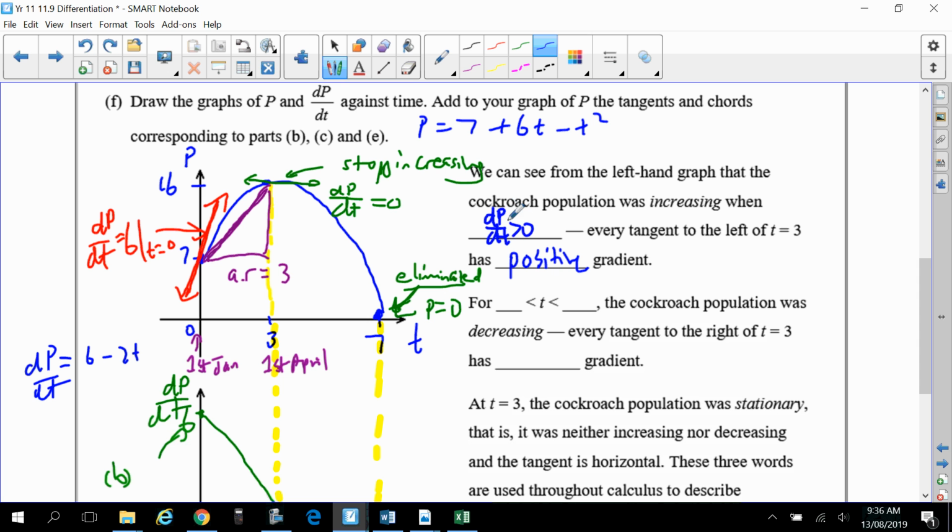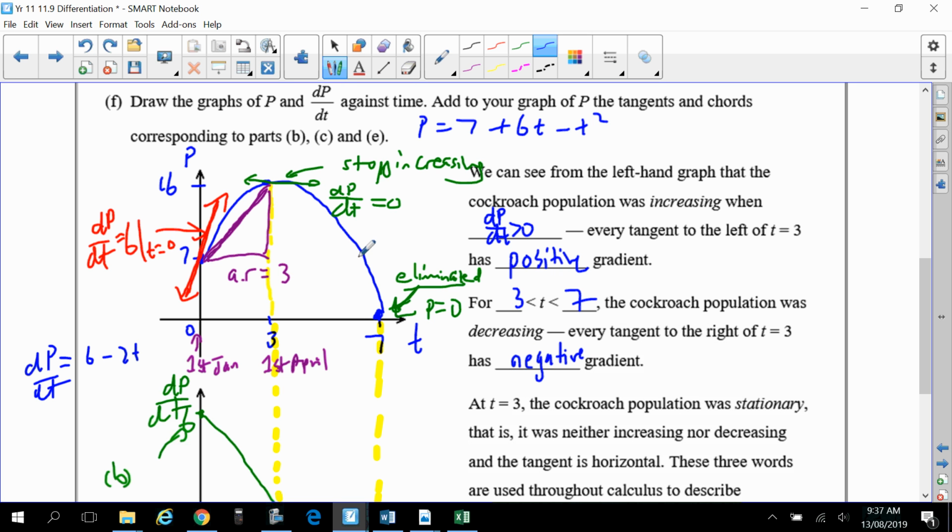When t equals 3, the left of it is positive, right? It's increasing. And on the other hand, between 3 and 7, the cockroach population was decreasing. Every tangent to the right of t equal to 3 has a negative gradient, right?